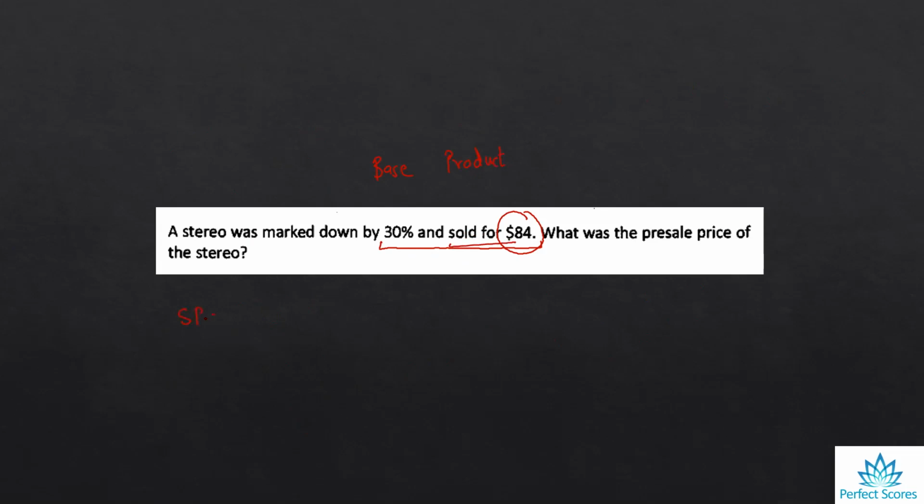It's sold for 84. And the question is giving you marked down. So the stereo was marked down and sold for $84. The discount is 30%. Now you have to find the marked price. That means your marked price got down by 30% and then you got $84. That means your marked price is 84 over 0.7.